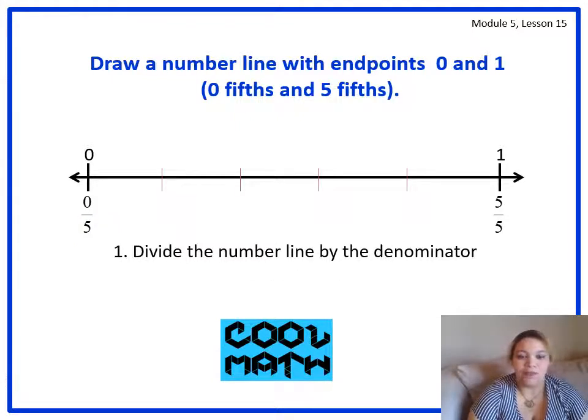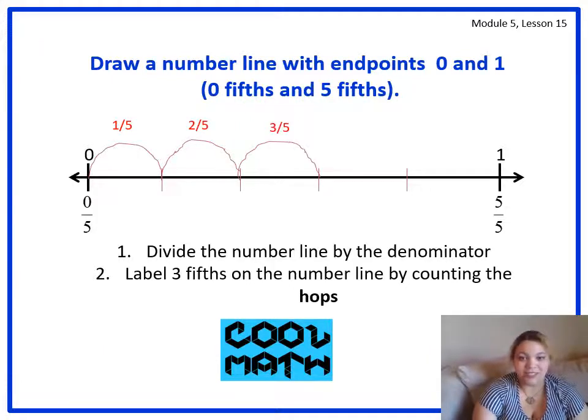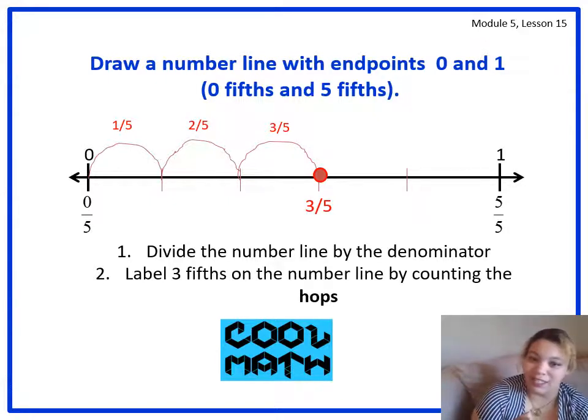Now we need to label 3/5 by counting the hops. Starting at 0/5, count by fifths. 1/5, 2/5, 3/5. Stop. So 3/5 is right there. Remember, when counting on a number line, count the hops, not the lines.